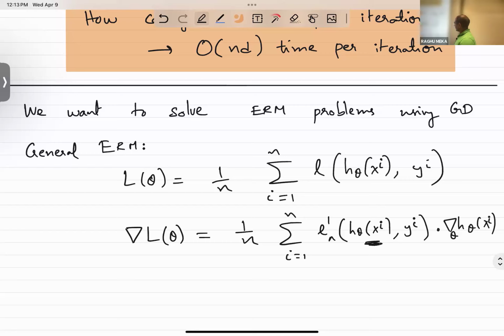Once again, this is going to be a d-dimensional vector if you have d parameters. If I have a billion parameter network, then I have a billion parameters here. And if I have n examples, then it's n times d. That seems to be the bare minimum for computing the gradient.